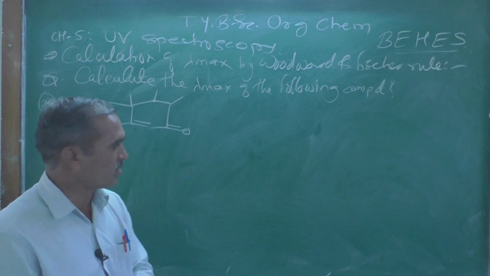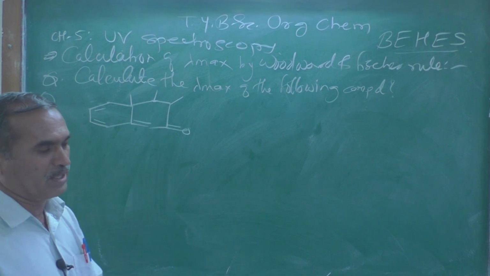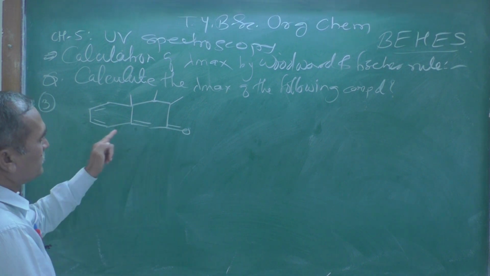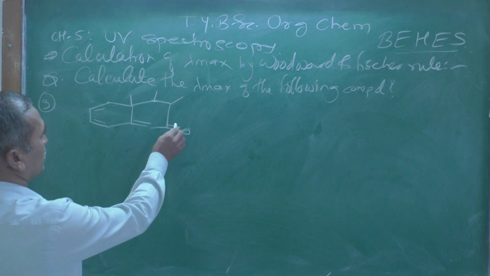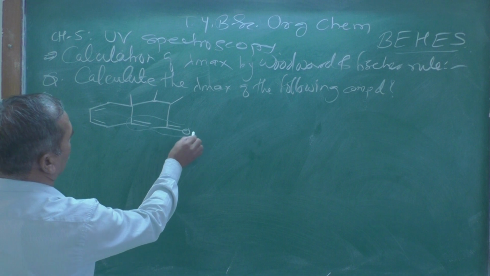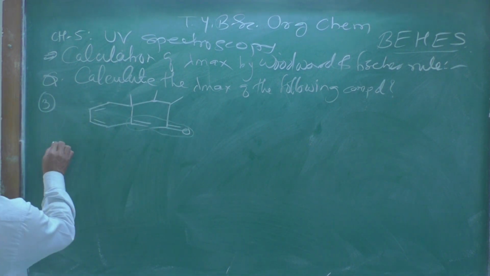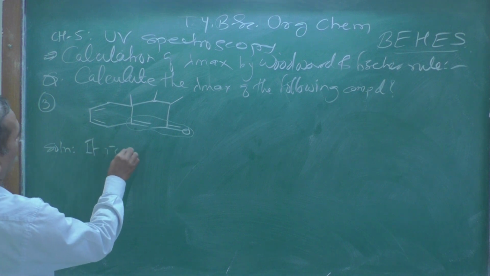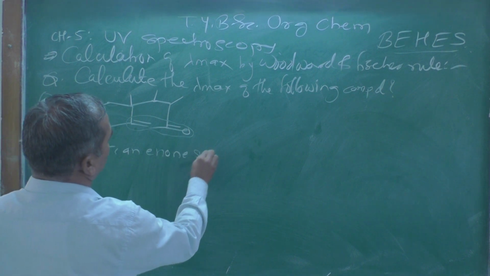By observing this structure or compound carefully, you will find that this carbonyl group is in conjugation, and therefore you can mark or label it, and while solving the problem you can write one sentence: it is an enone system.